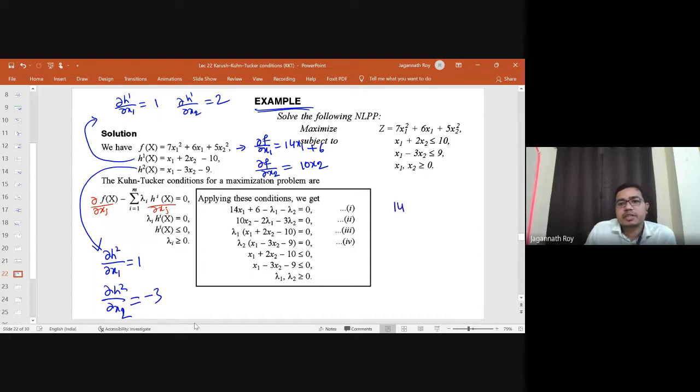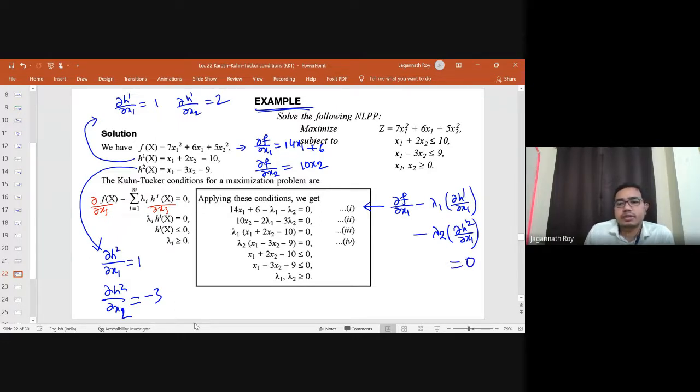Now you substitute these values. First we have to find out, okay, for this one, what we are finding actually is del f del x1 minus lambda 1 into del h1 del x1 minus lambda 2 into del h2 del x1, equals to 0.